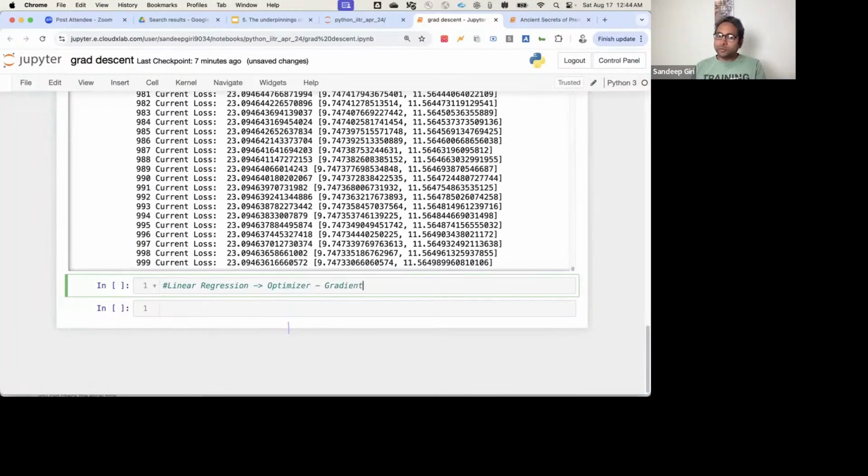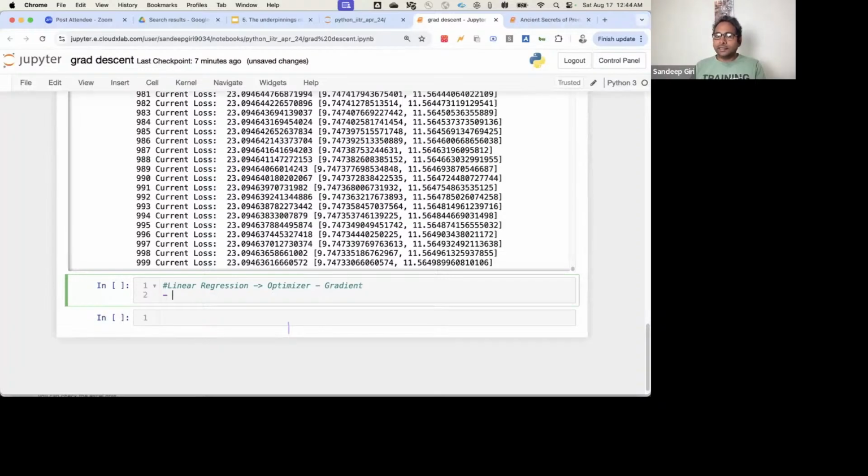There are other optimizers as well. There are other algorithms such as the normal equation. We'll talk about the normal equation. For classification, we call that logistic regression. Right now we are predicting a value.